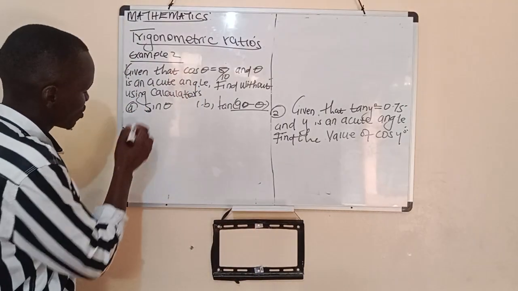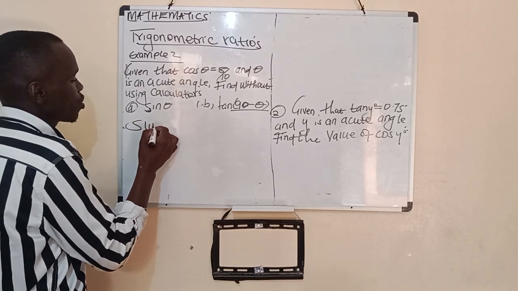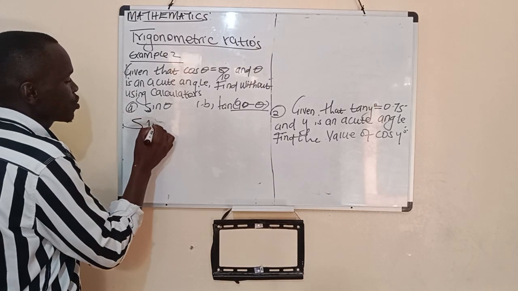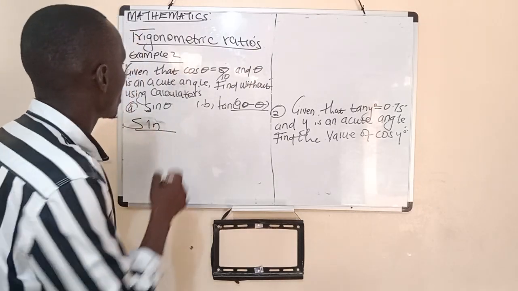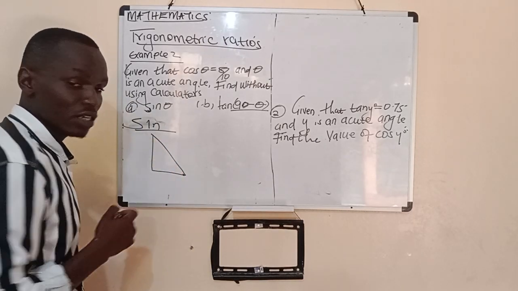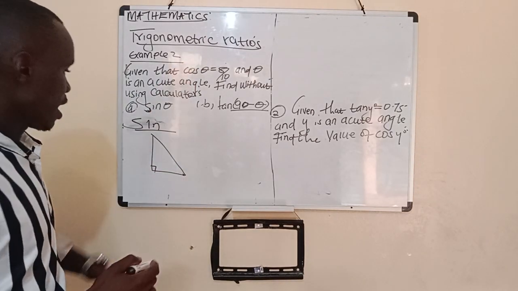So in this case, let us solve A. Solution: we have a triangle. We have to draw our triangle. Then from this triangle, we have to give it a theta here.